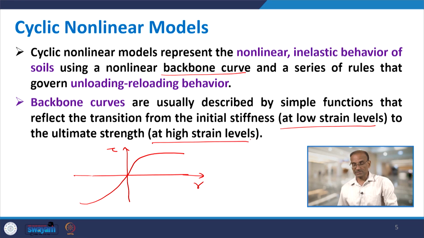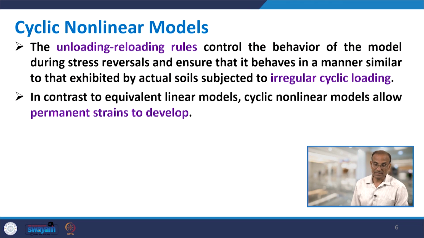We will see one example. And in cyclic nonlinear models, the unloading-reloading rules control the behavior of the model during stress reversals and ensure that it behaves in a manner similar to that exhibited by actual soil subjected to irregular cyclic loading.